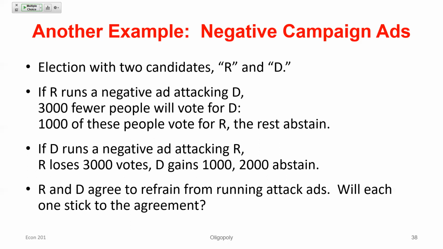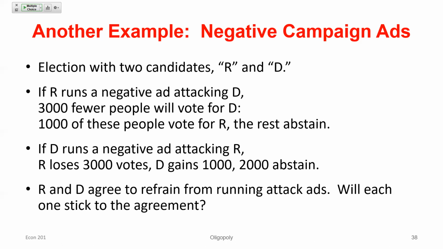So you kind of see here, the Democrat has a dominant strategy, right? It's always optimal for them to choose to run that negative campaign ad. The Republican also has a dominant strategy. No matter what the Democrat's doing, they should always run a negative campaign ad. Now, obviously, some of these numbers could change, and not every election is it going to be optimal for both sides to run these negative ads.